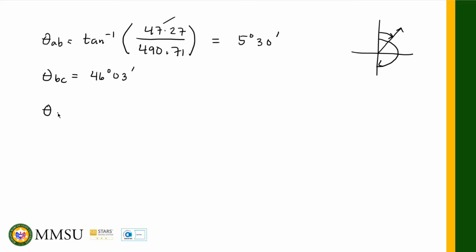For the next one, we have CD. Theta CD, we have inverse tangent of positive 786.78 divided by the negative 327.41. Okay, yun yung adjusted departure and latitude. And we should come up with 67 degrees 24 minutes. Meron tayong konting problema dito. Isulat natin yung given.